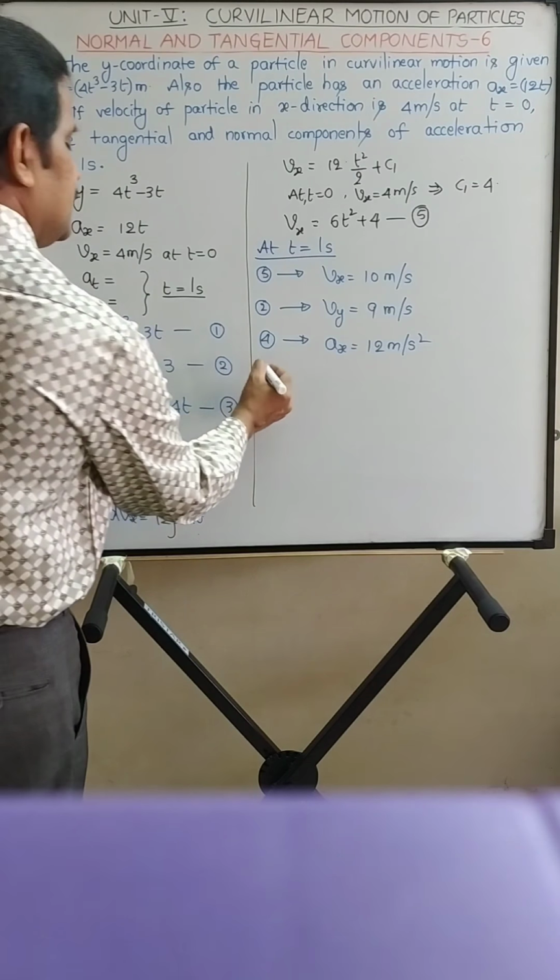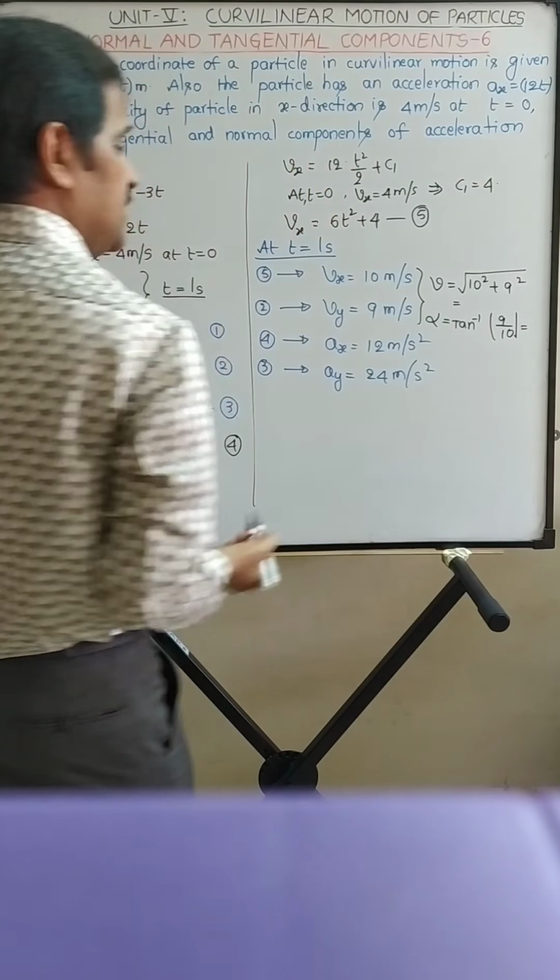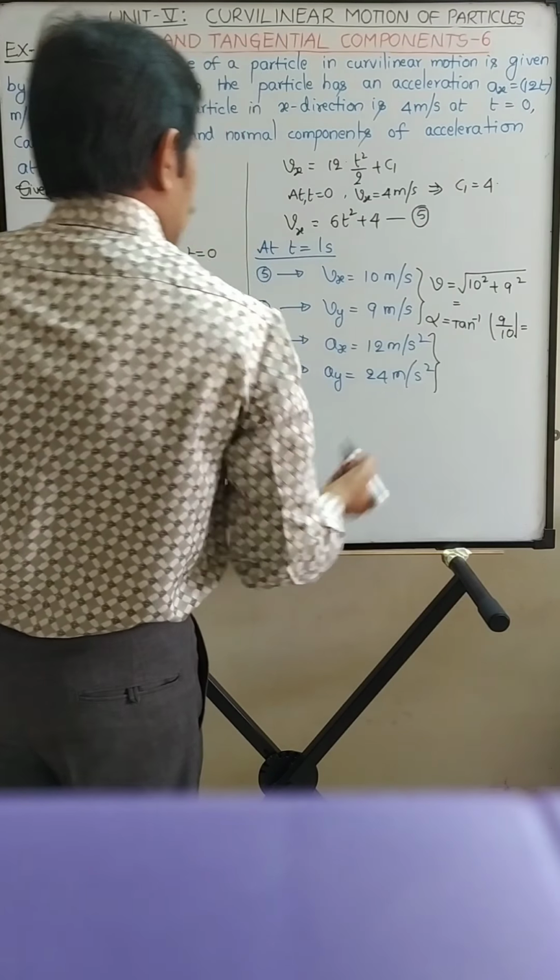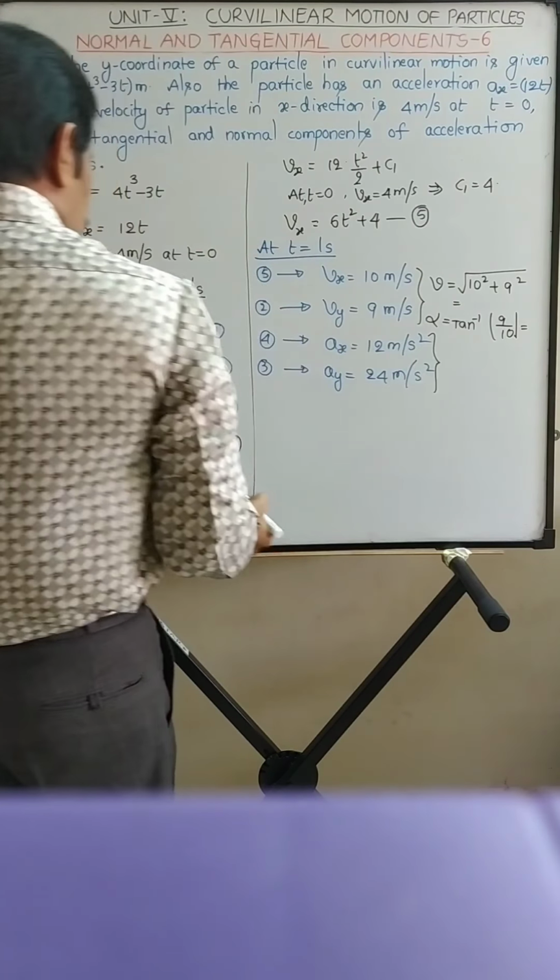Now from vx and vy we can find out the resultant velocity, magnitude of velocity, square root of 10 square plus 9 square, and its direction alpha is equal to tan inverse 9 by 10. This is with respect to x. Similarly, the resultant acceleration, square root of 12 square plus 24 square, and its direction beta is equal to tan inverse 24 by 12. This is again with respect to x.